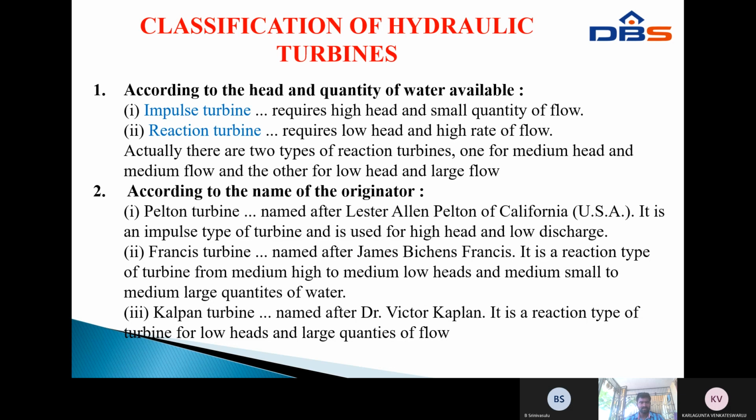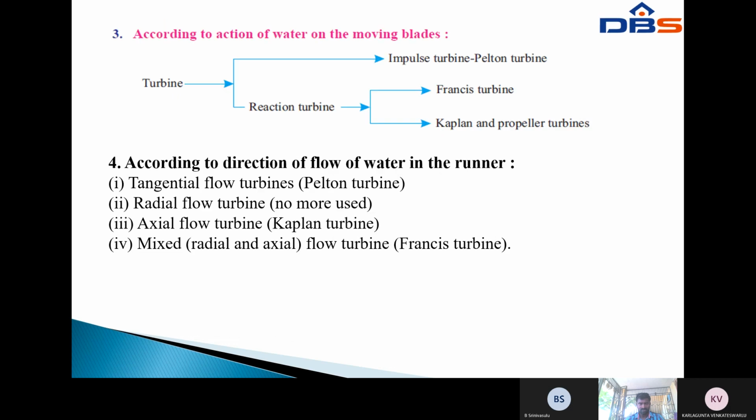The example of a tangential turbine is the Pelton wheel turbine; radial means the old Francis turbine; axial flow means the Kaplan turbine; and mixed flow means the modern Francis turbine, where mixed means both radial and axial flows are available.